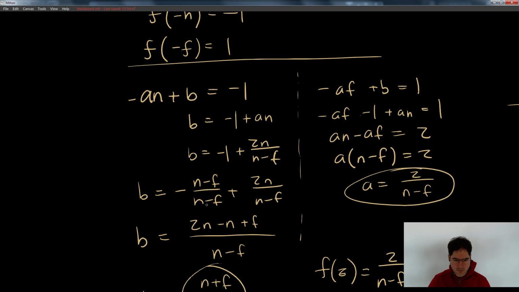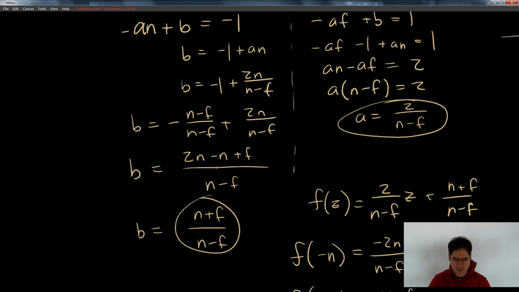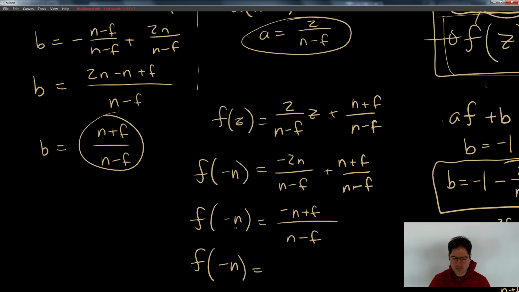It's n times f over n times f, which is still -1, which is correct. So that's 2n minus n plus f over n minus f, which is correct. And that's just n plus f over n minus f. That looks right to me.